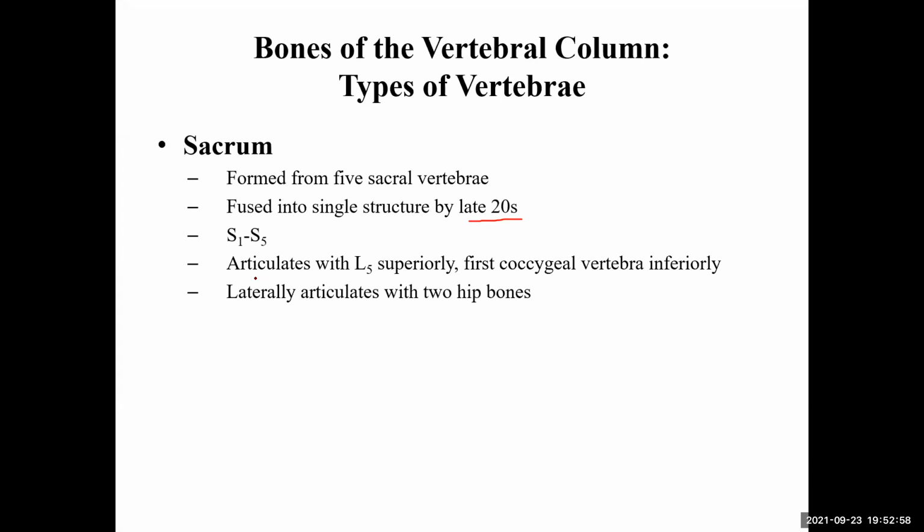This bone articulates with your hip bones, and it helps to make up your pelvis. And then inferior to the sacrum is your tailbone, or the coccyx, or your first coccygeal vertebra.